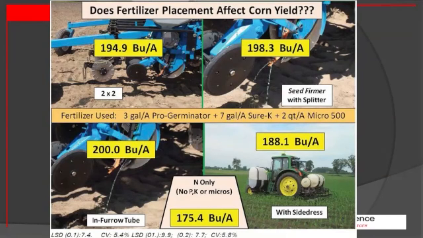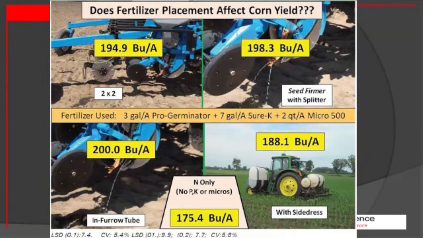If you look at the LSD of 7.4 bushels, the 2x2, the seed firmer, and the in-furrow all did the same, statistically. Now, yes, numerically, you can see the in-furrow did a little bit better. And given the materials that they're using, this Pro Germinator and 7 gallons of Sure-K, which is an NK material, I'm not surprised with their results.